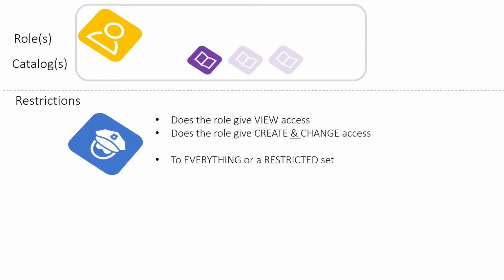Similarly, if in your organization you have a person that is, on top of viewing the data, allowed to create or change it, then it means that you need to create another role where you would define this particular access level.